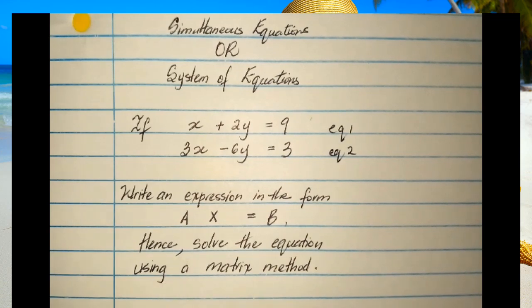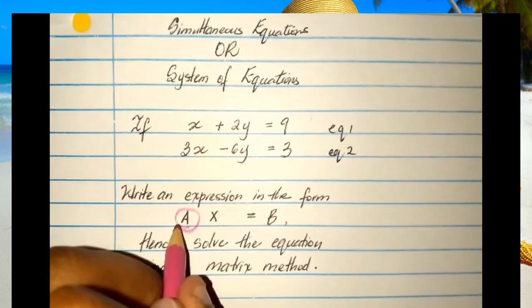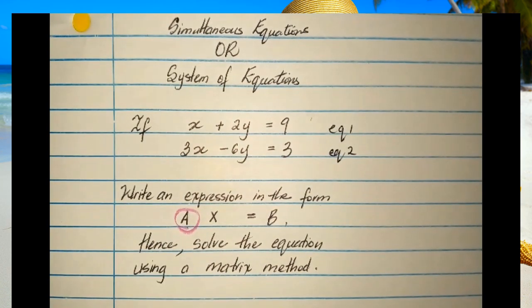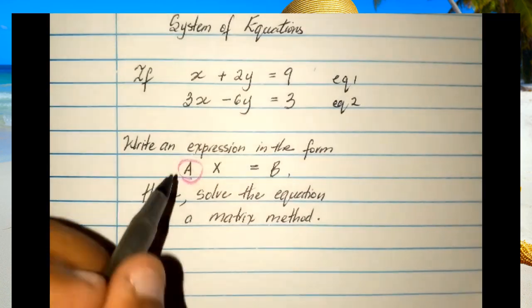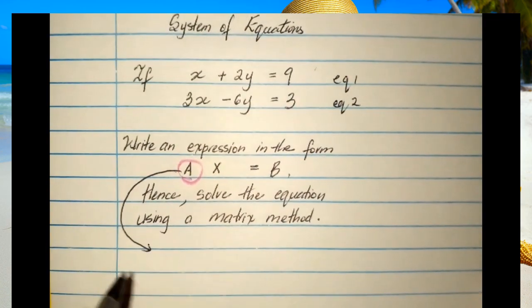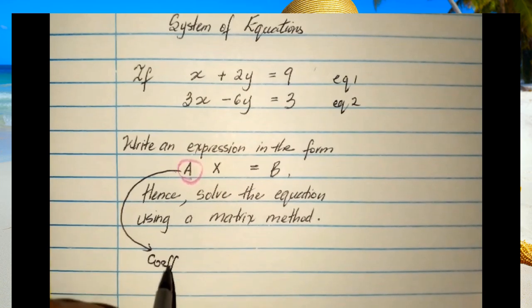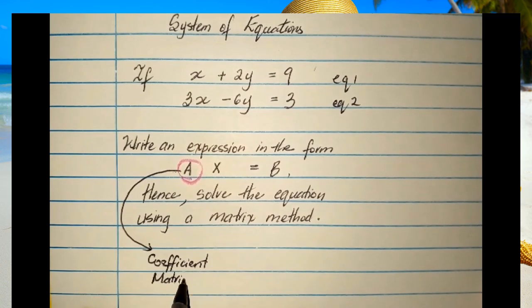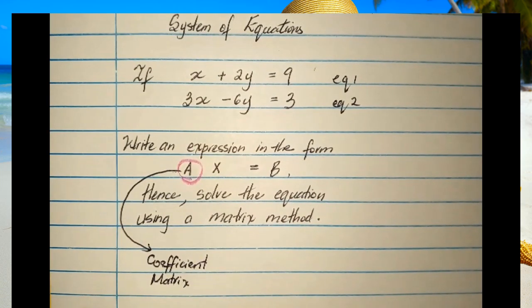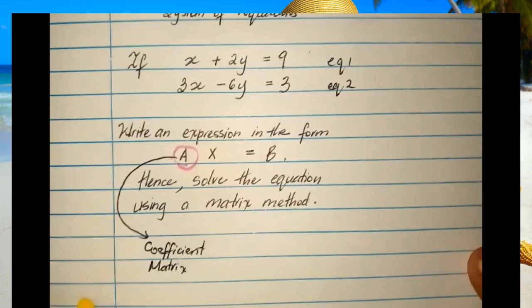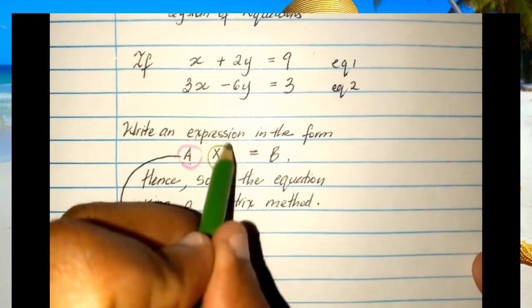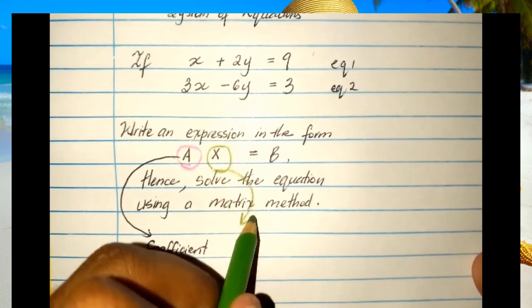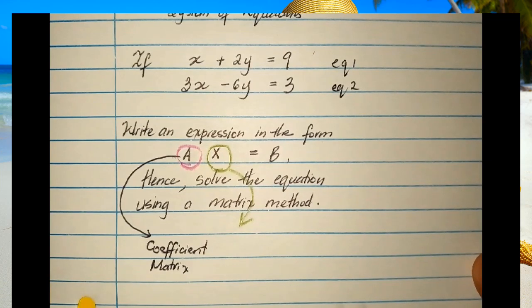Now, A is what we're going to call the coefficient matrix. A is a coefficient matrix, and it has the coefficients of our variables. And X is what we're going to call the variable matrix. You can guess what it has: variables.